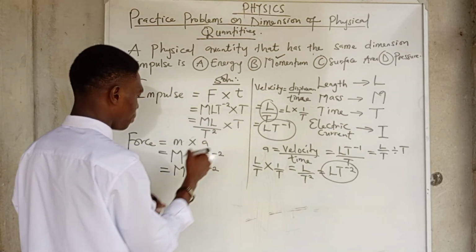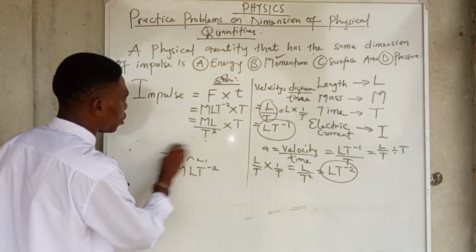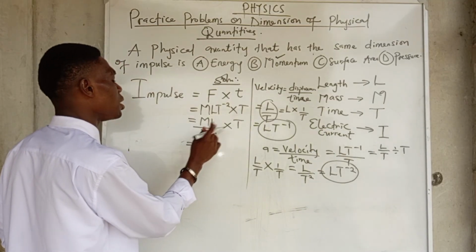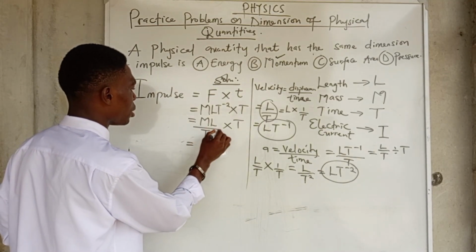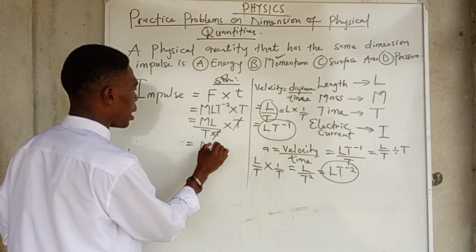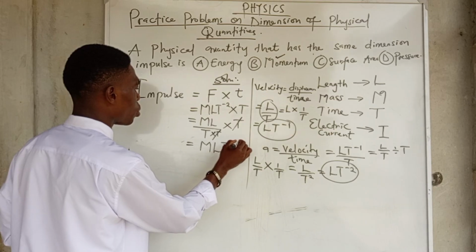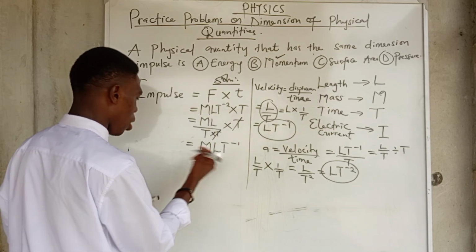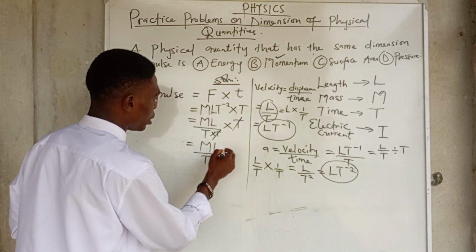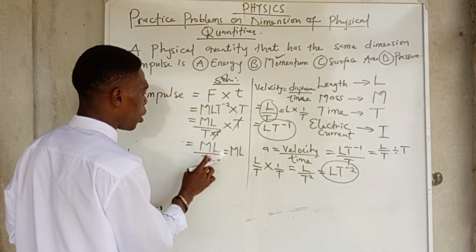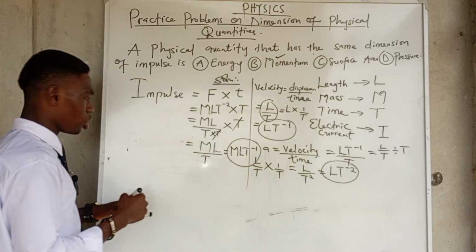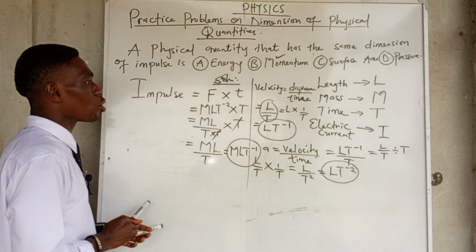Then times T. To simplify this further, T squared means T times T, so one T will cancel out one T. That will give me M L T to the power of minus 1. Or let me write it first as M L over T, because the power of T here is 1, and bringing it up becomes a power of 1 minus 2, giving minus 1. This becomes the dimension of impulse.